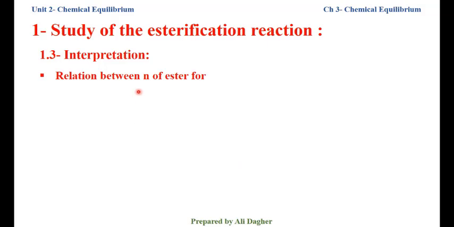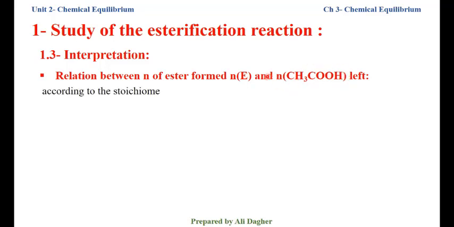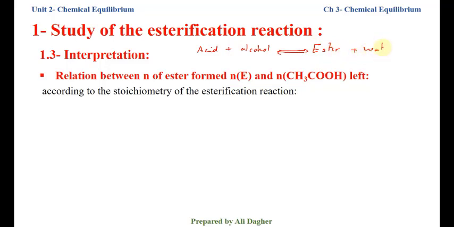Now, relation between the number of moles of ester formed, ne, and the number of moles of acid left. According to the stoichiometry of the esterification reaction, the esterification reaction involves carboxylic acid plus alcohol giving ester plus water.